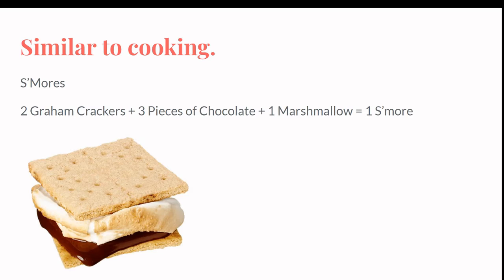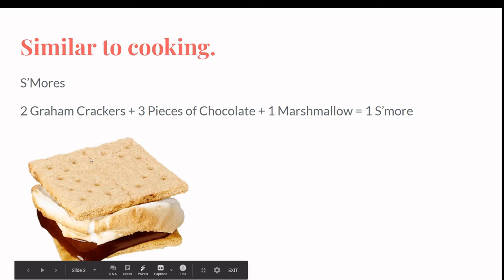Okay? So, what I have here is the balanced equation for how to make a s'more, okay? A correct s'more is going to have 2 graham crackers, one on the top and one on the bottom. We have 3 pieces of chocolate, and we're talking about the Hershey's chocolate, because that's the good stuff.